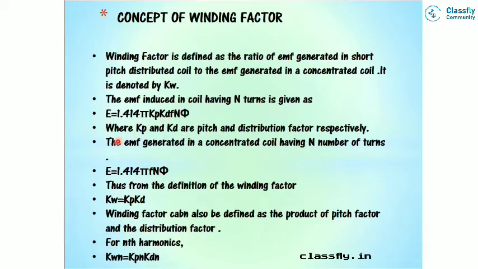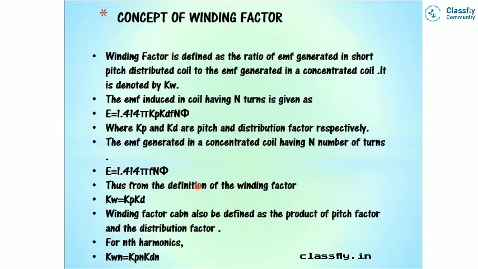And the EMF generated in a concentrated coil, the difference will be that Kp and Kd get removed, and the leftover thing will be your EMF. That means there will be no pitch factor or distribution factor.